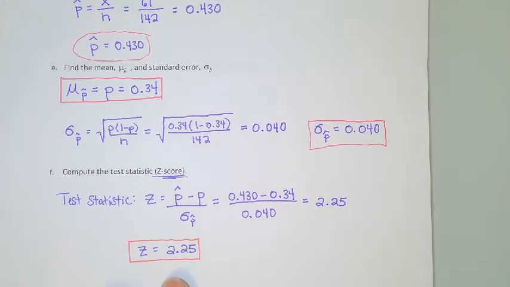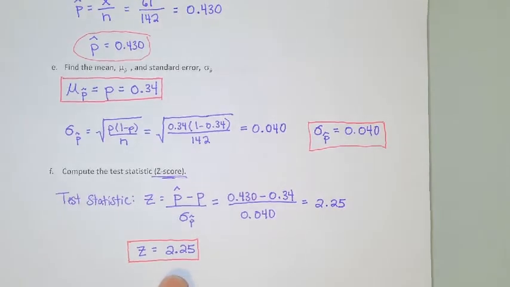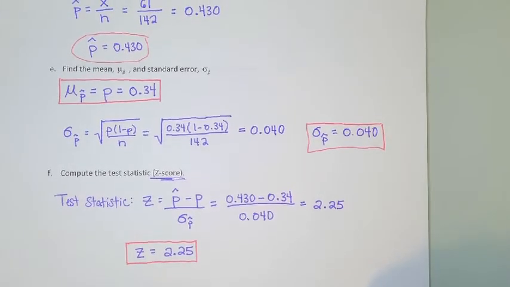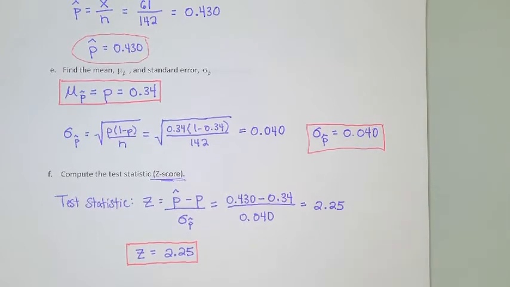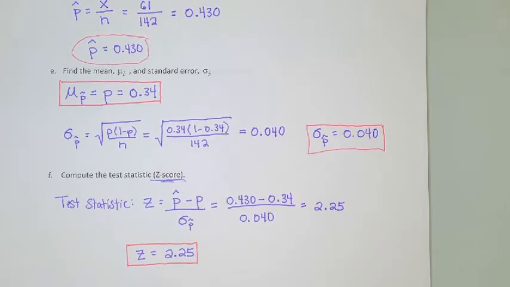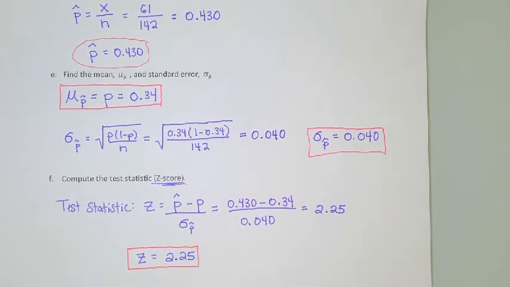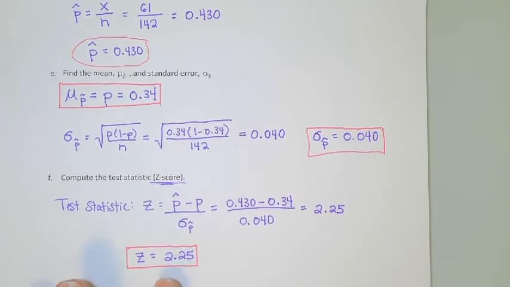And notice it's more than 2 standard deviations from the mean, which is sort of our general cutoff for deciding if something is unusual. And here we have ended up with that case.